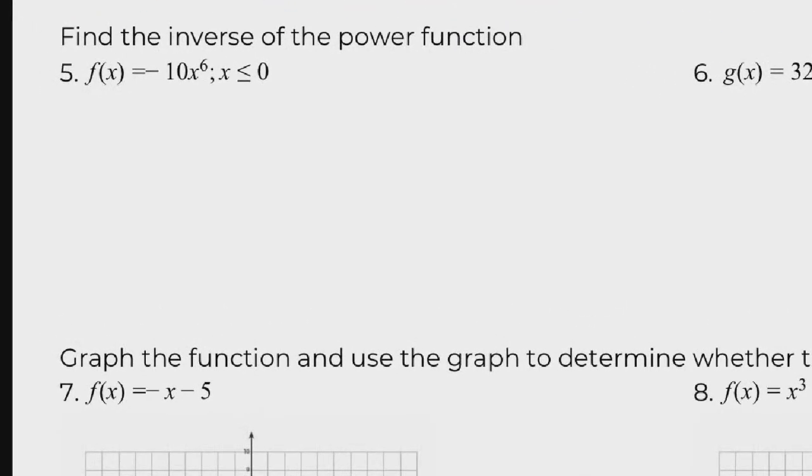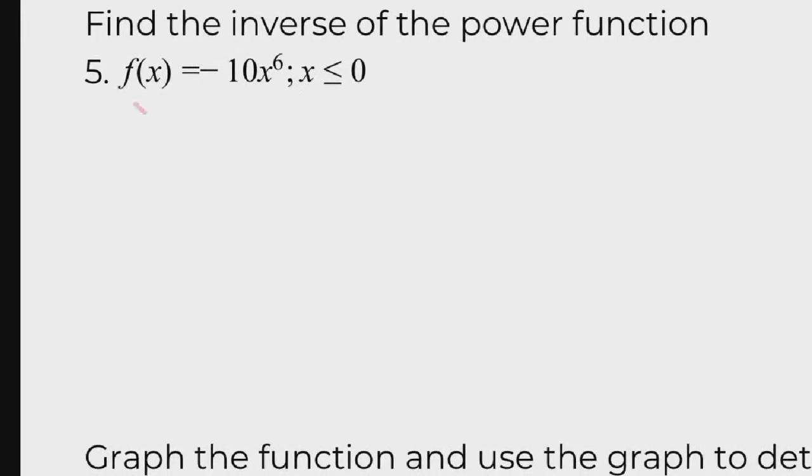Okay, next we want to find the inverse of the power function. We have f of x equals negative 10x to the 6th, and x is less than or equal to 0. So if it helps, I'll replace this with the y first. And to find the inverse, we're going to switch the x's and y's.